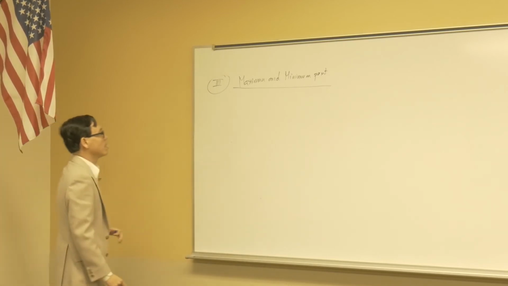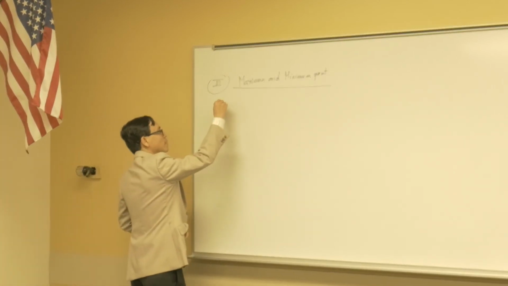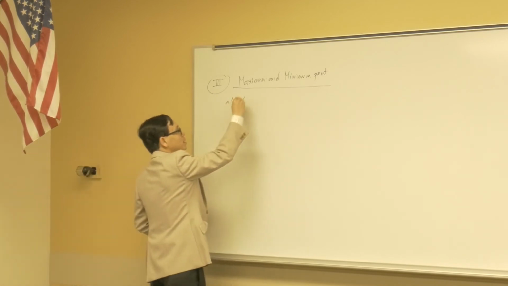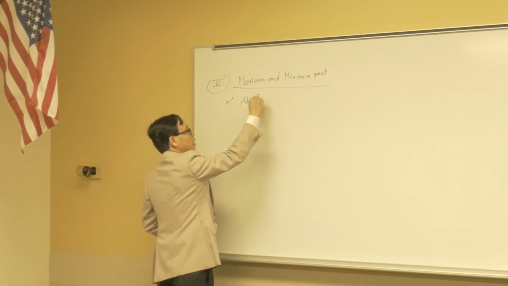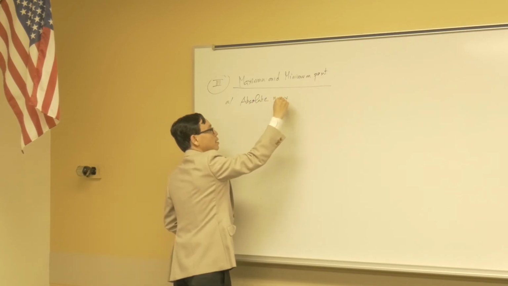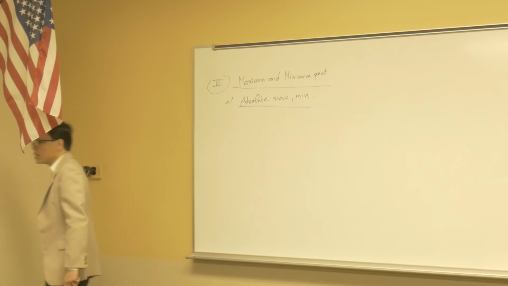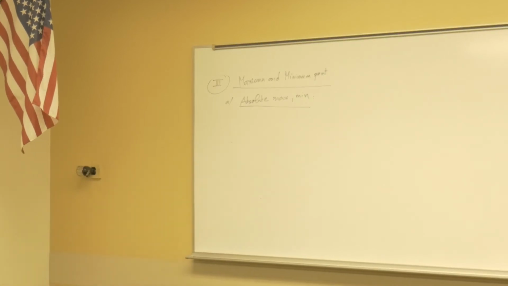There are different types of maximum and minimum. The first type is the absolute max and min. So we need to know what is absolute max, what is absolute min?